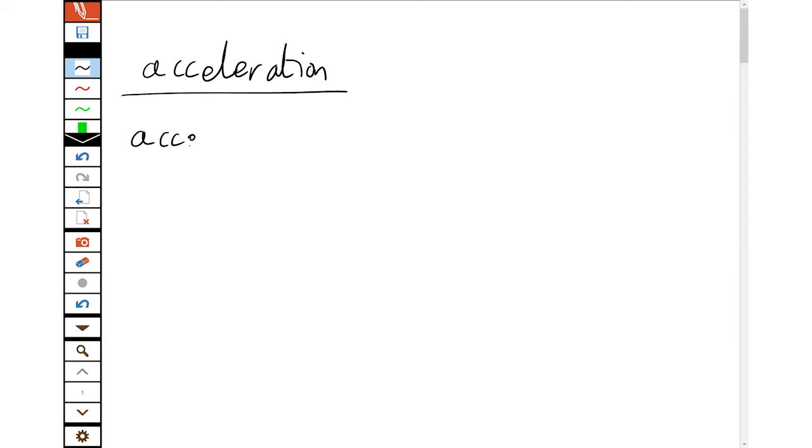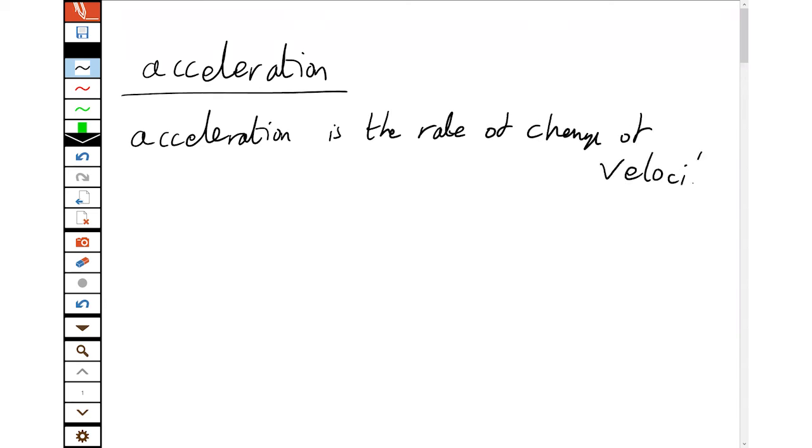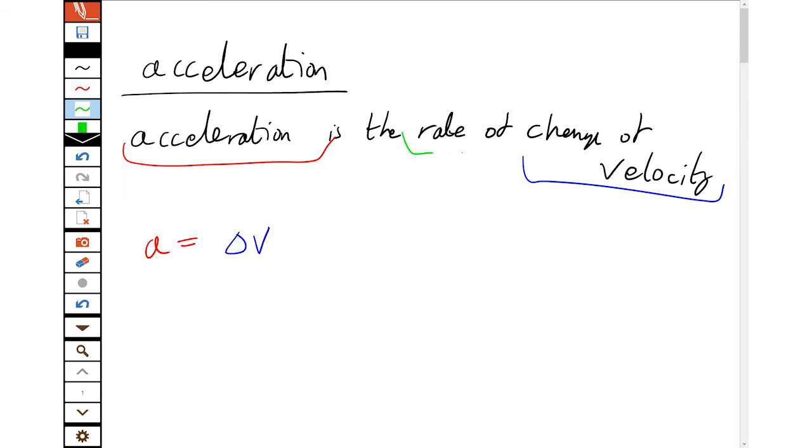Now, acceleration is the rate of change of velocity. So just like the last one, we can put it together. Acceleration is the change in velocity and it's the rate. So that's divided by time.